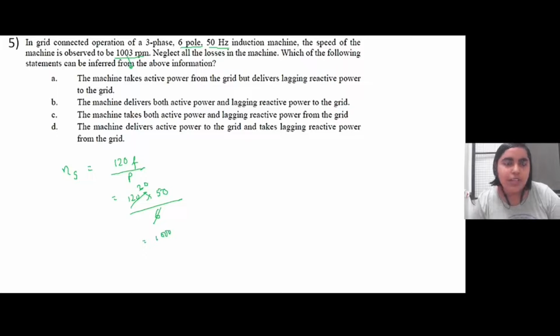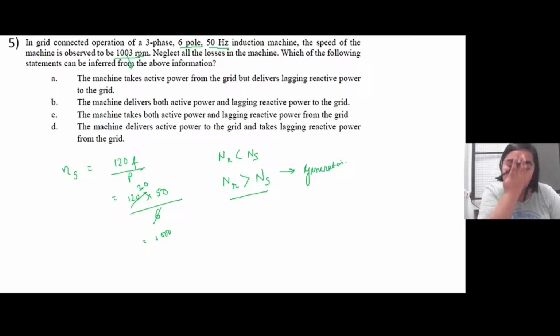Now you see, in induction motor, the rotor speed is less than that of the synchronous speed, right? Yes, ma'am. But in this case, we see that the rotor speed is greater than the synchronous speed, which denotes that this is a generator. So this is basically generating the power.